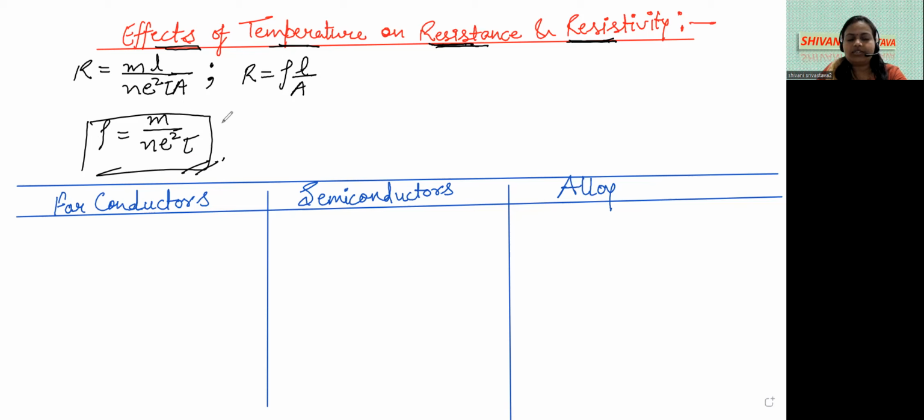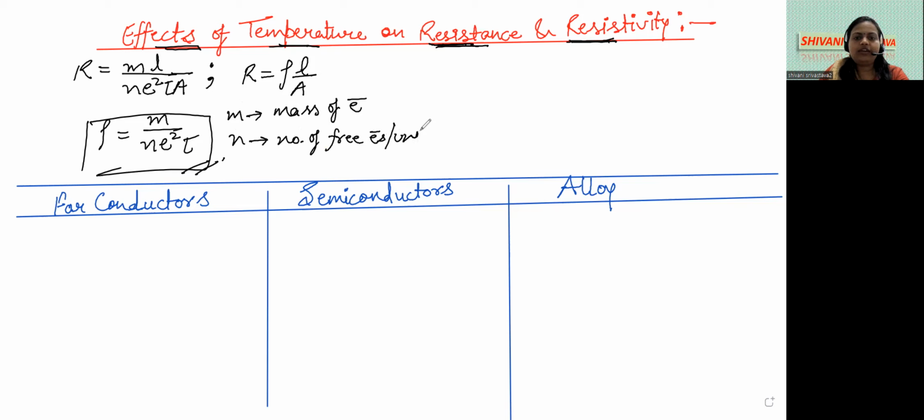Why is resistivity constant? See, now we'll look at the components. What is m? m is the mass of electron. n is the number of free electrons per unit volume. e is the charge of electron.